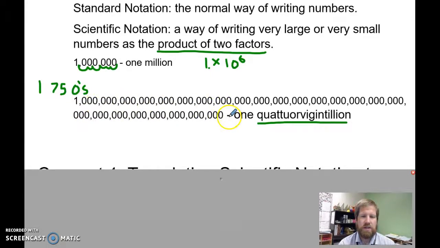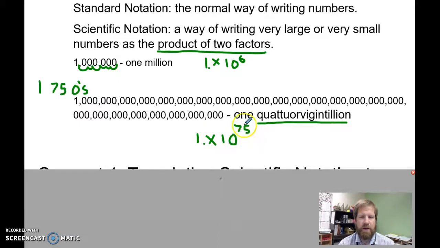But we don't have to go to this extreme to see that, after we get to maybe 1 billion or really small numbers where we have a lot of decimals, it's going to be a lot quicker and a lot easier to use scientific notation. The one thing I want you to see is that this is scientific notation for 1 million, and this is scientific notation for 1 quattuorvigintillion.